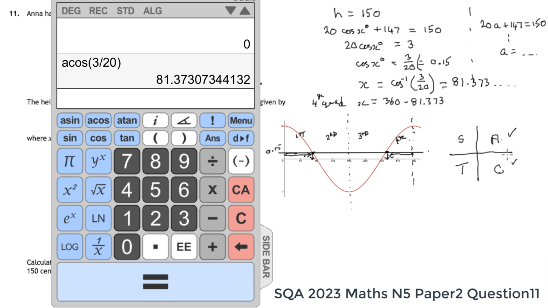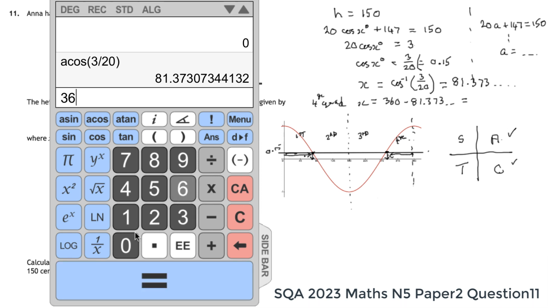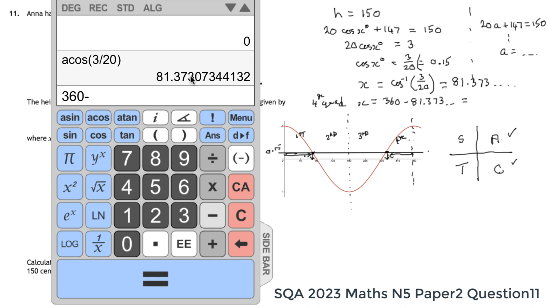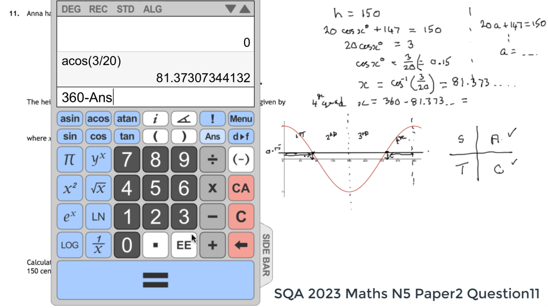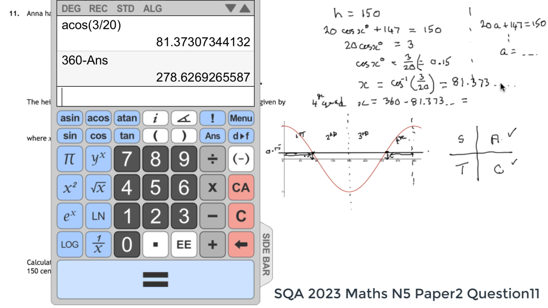In this quadrant, you go all the way around to 360 and subtract the first quadrant angle. You can see that from the diagram there, from the cosine diagram. So let's calculate that. We do 360 and subtract that answer, and there we have it, 278.62 and so on.